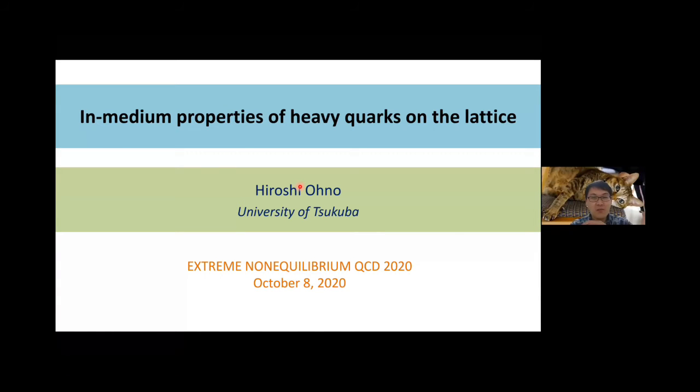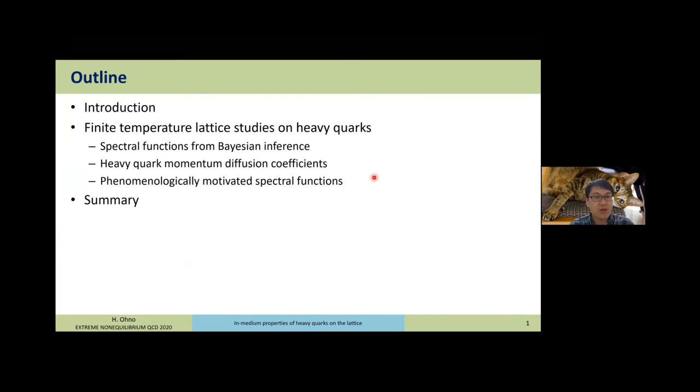And today I'm gonna talk about some recent progress on the lattice studies of invariant properties of heavy quarks. This is the outline of my talk. First I will start with some brief introduction on heavy quarks on the lattice, and then I will show some lattice results on heavy quarks at finite temperature, especially for spectral functions by using some Bayesian analysis.